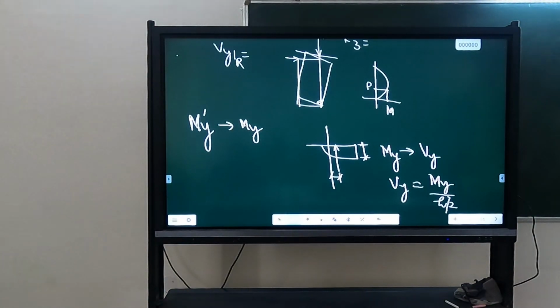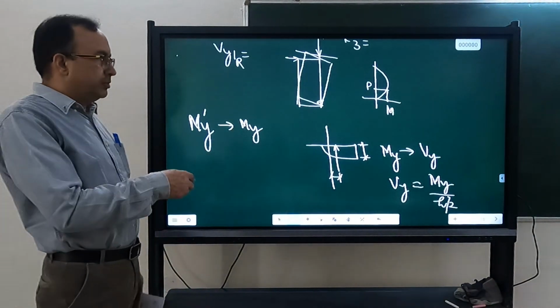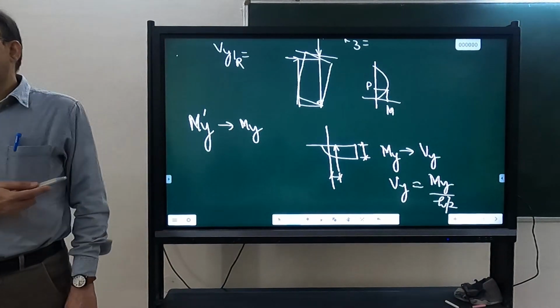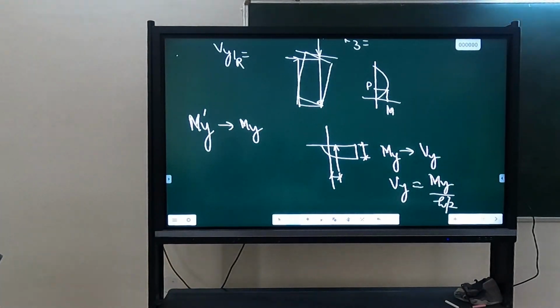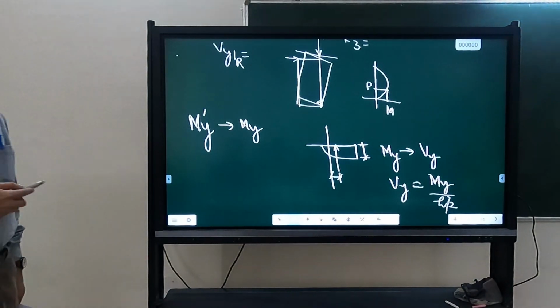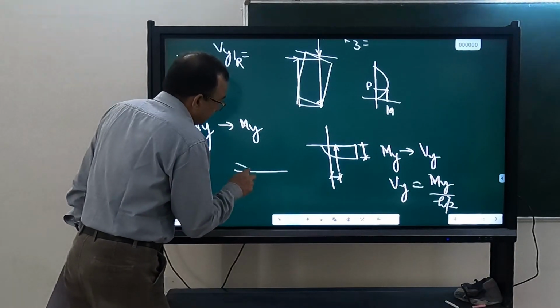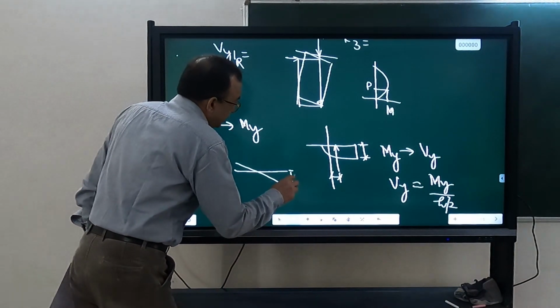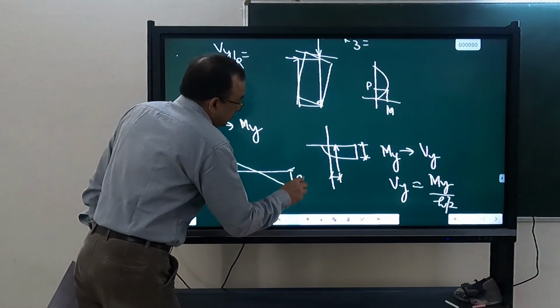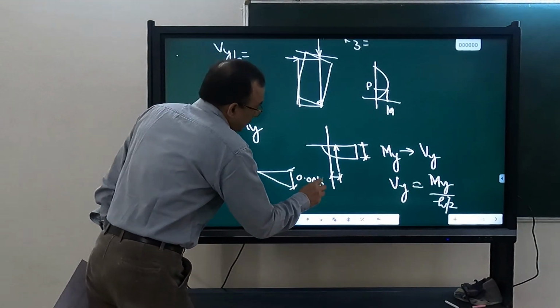Okay. That 0.0035 is not strictly valid here. Okay, because that is in case of RCC. So that is not valid in case of masonry. So for M1 dash, the strain you will assume, the maximum compressive strain, you can assume this is equal to 0.001.